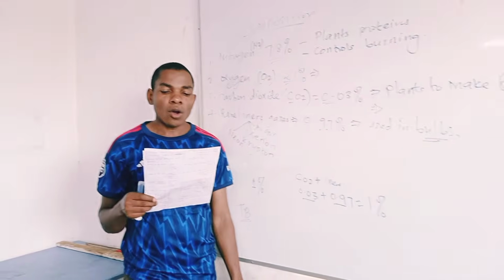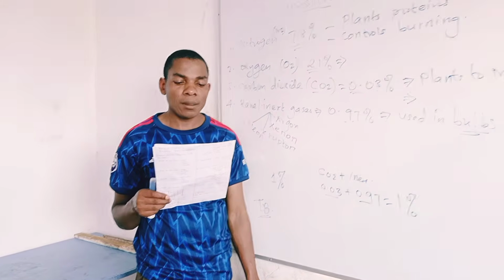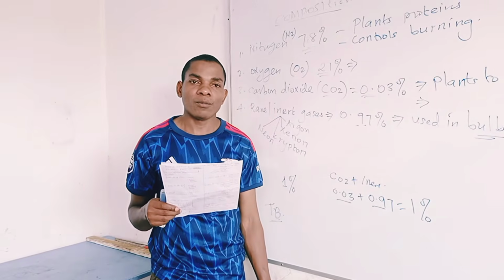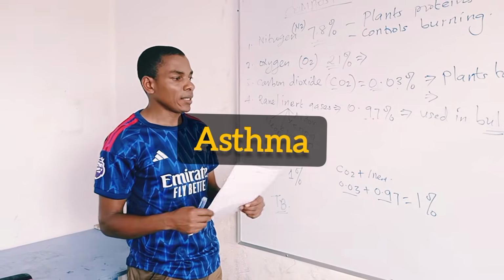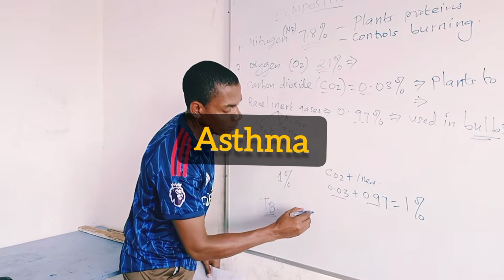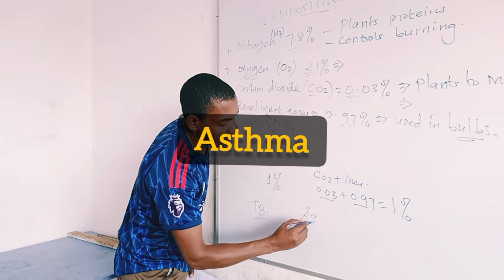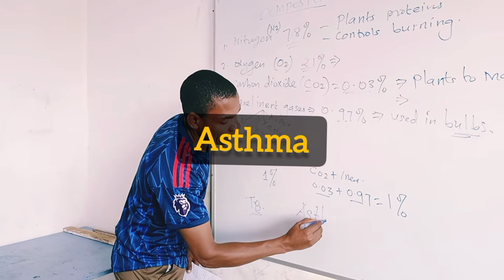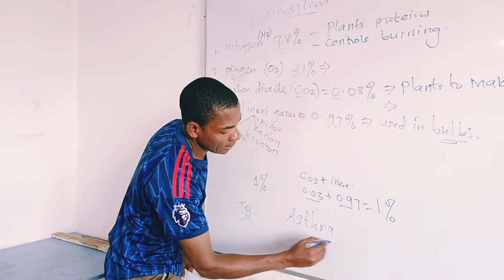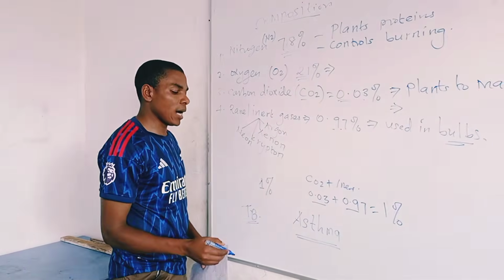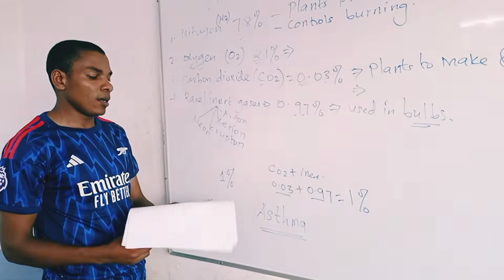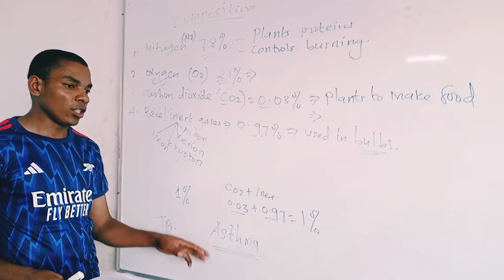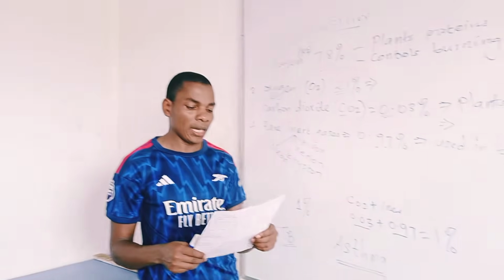Which disease causes difficulty in breathing but does not spread from one person to another? It is asthma. The spelling of asthma is A-S-T-H-M-A. This causes difficulty in breathing but cannot be spread from one person to another.